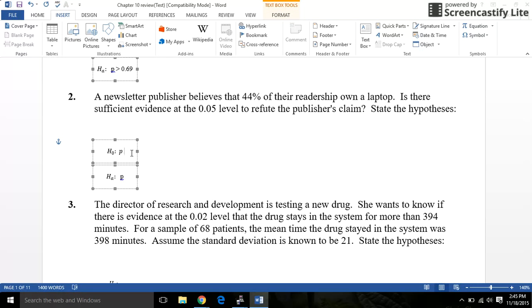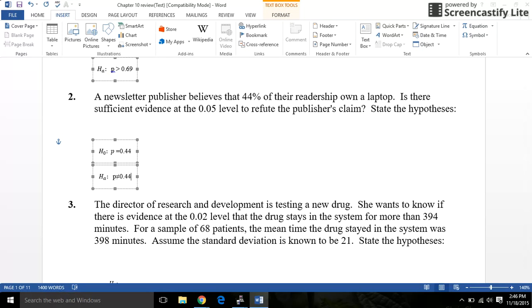Always and forever, that equal sign has to be in the null hypothesis. So I'm going to put this equal to 0.44. What does that make the alternative? That makes the alternative not equal to 0.44.